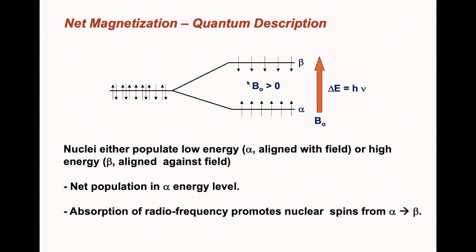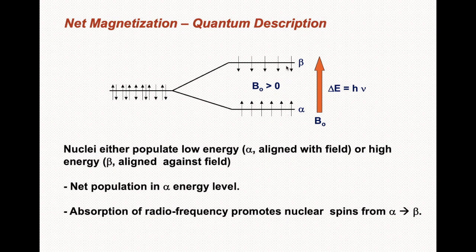Now, suppose you shine electromagnetic radiation onto this system. Then we can observe a resonance condition, provided the frequency of the externally applied electromagnetic radiation matches the energy separation or the energy gap.